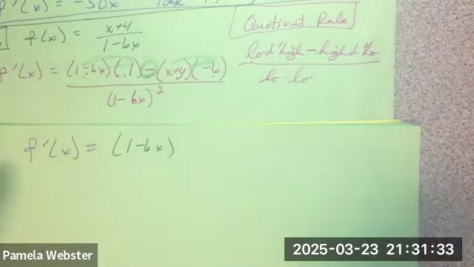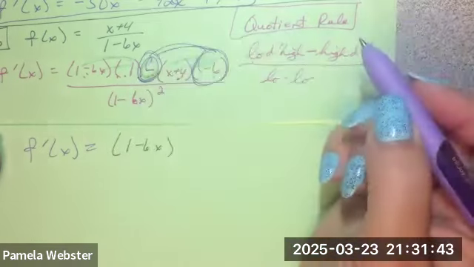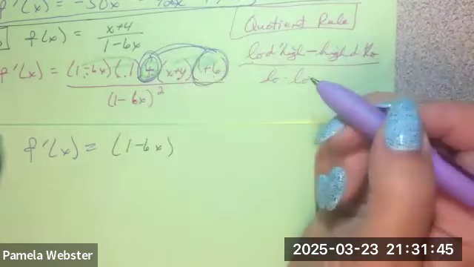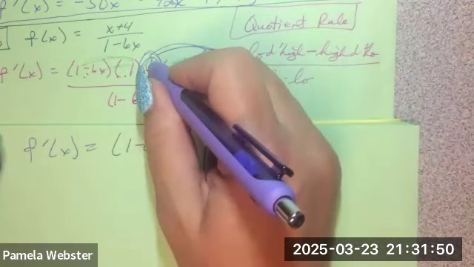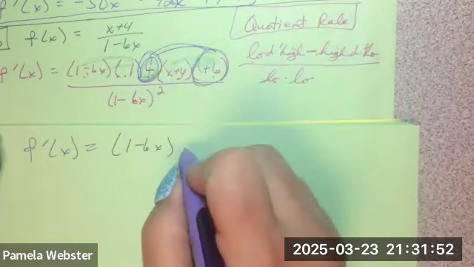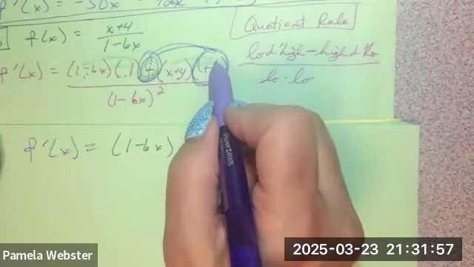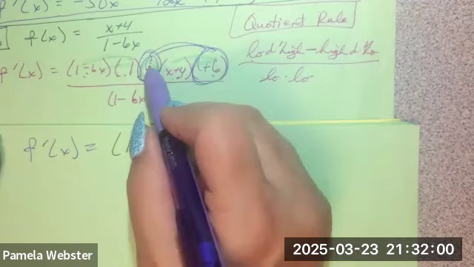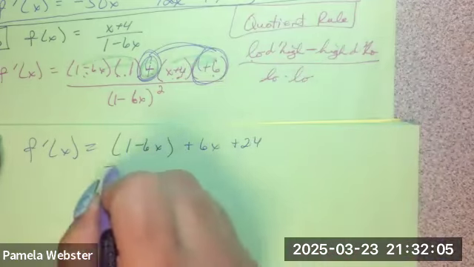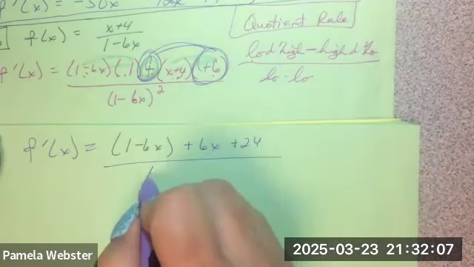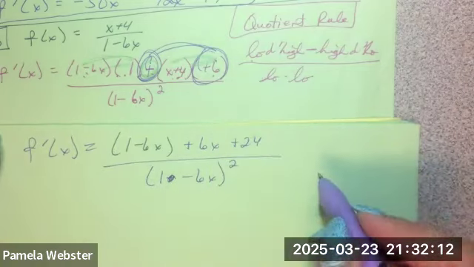If you wanted to, you could combine these because they're both being distributed and say it's a positive. That would be fine. Either way, negative 6 times a negative becomes a positive 6 times the x is a positive 6x. And then negative 6 times the negative 4 becomes a positive 24, over, and just leave the stuff on the bottom alone, 1 minus 6x squared.